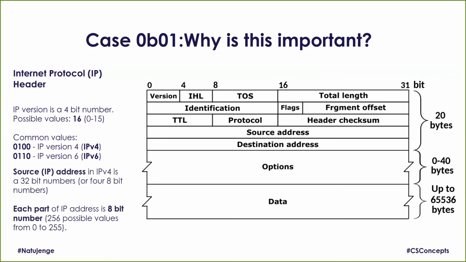You can also look at the source address, which is the source IP address. It's a 32-bit number, but normally we look at it as four 8-bit numbers. And for 8 bits, the possible values are from 0 to 255. And that's why we know that an IP address in version 4 has 4 parts, and each of them can have a value of 0 to 255.